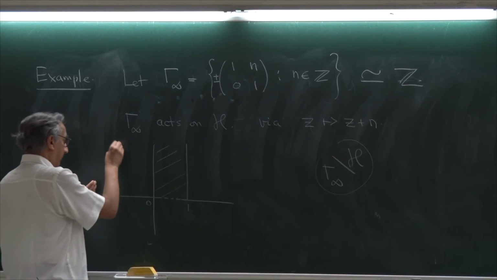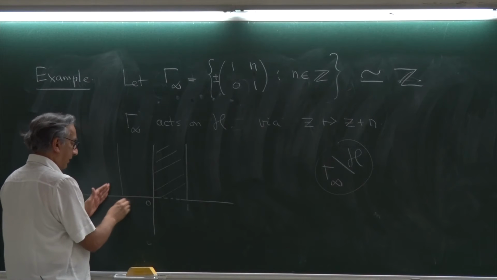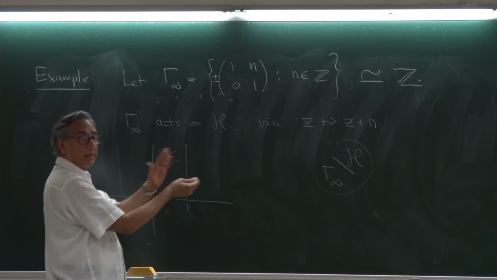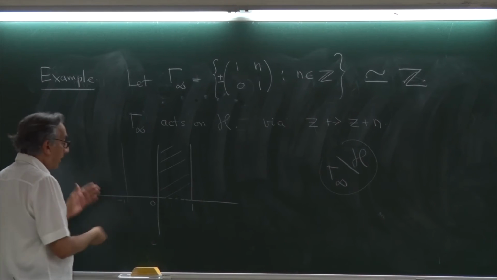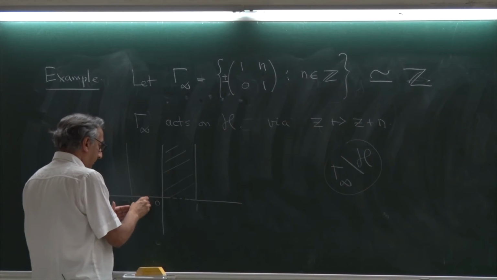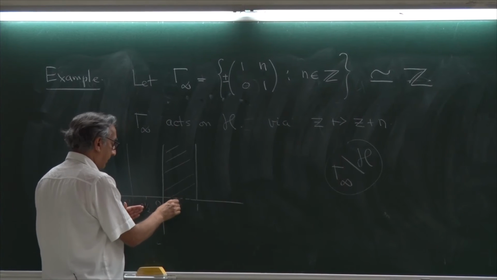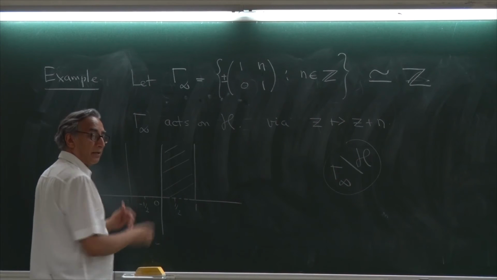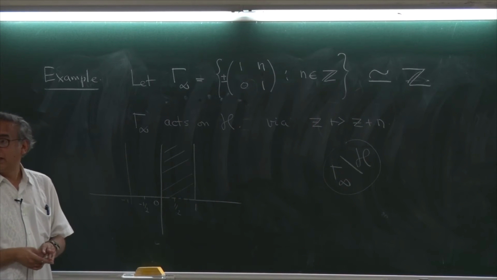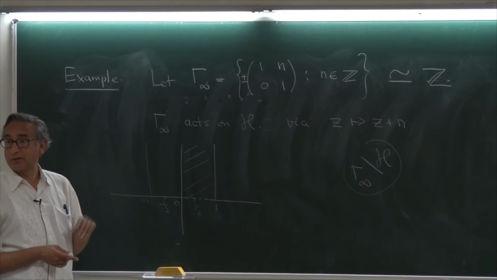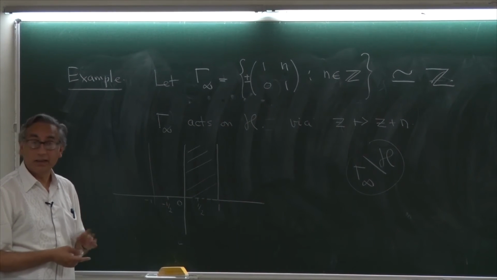I could have taken this from -1 to 0, as long as it's just one strip. Or I could have taken even from -1/2 to 1/2, as long as the strip is length 1. So the fundamental domain is certainly not unique.